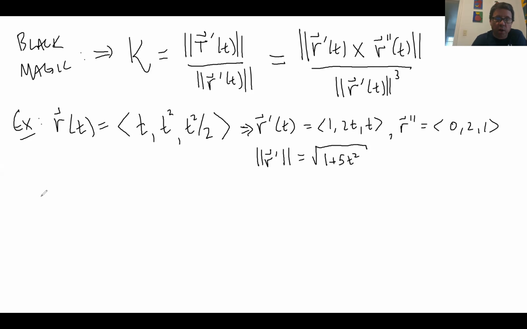For the cross product, go back to the formula here. I make my matrix with i, j, and k. I will get 1, 2t, and t. That's R prime. And then R double prime, 0, 0, 1.